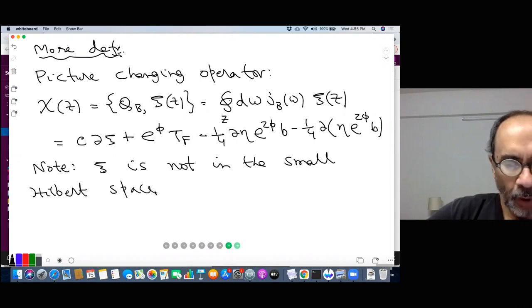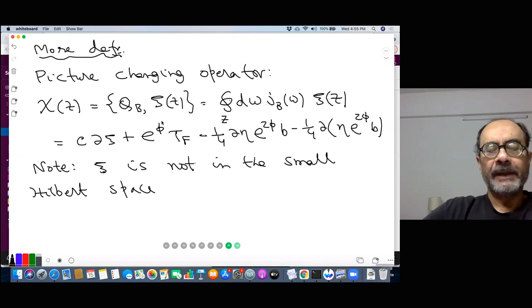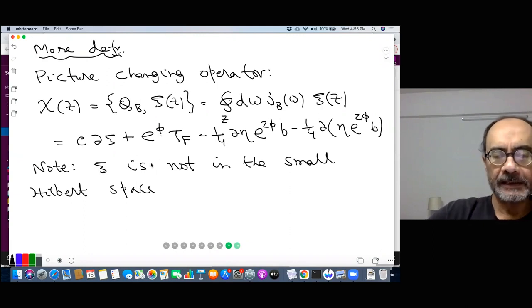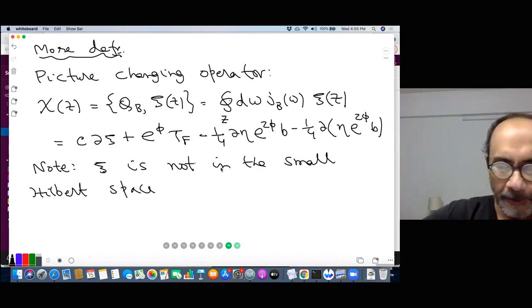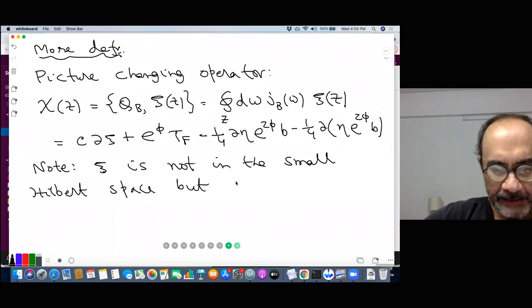But when I talk about operators being in the Hilbert space, I'm using the state-operator correspondence implicitly. Given an operator, whether it's in the Hilbert space or not, you first construct the corresponding state by applying it on the vacuum, and then it's a statement about whether that state is in the Hilbert space or not. So this is not in the small Hilbert space because it doesn't have a derivative. But chi is.